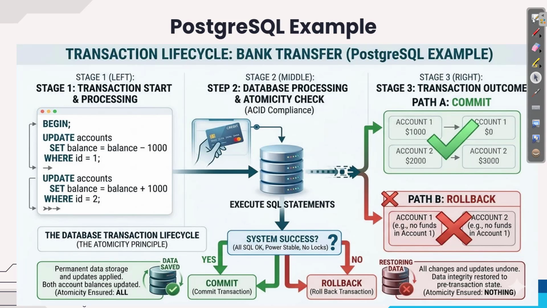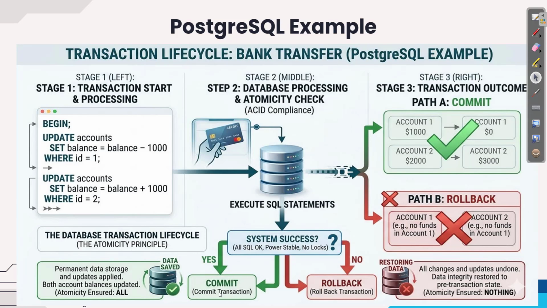It is just like that, right? Okay, we will discuss the PostgreSQL example. Here you can see the begin command, then update account 1. We are deducting $1,000 from account 1 where ID is 1, and then the second SQL command is updating account 2, adding the balance to account 2. If both these statements are executed and work fine, then we will commit.